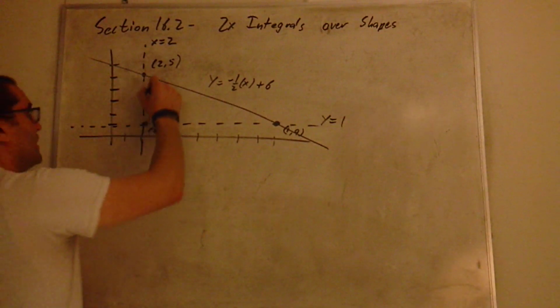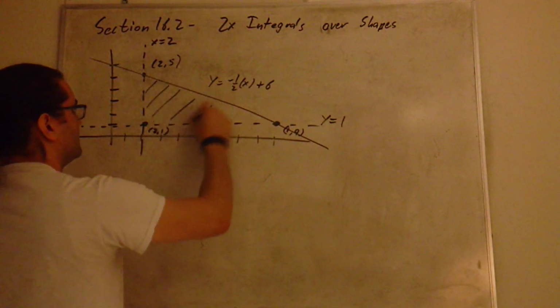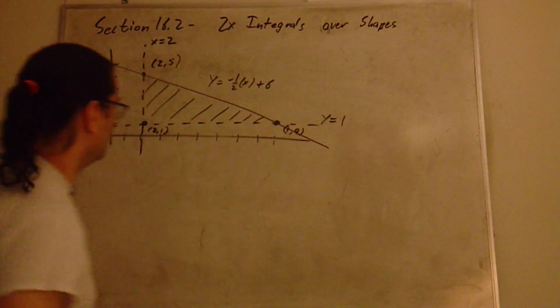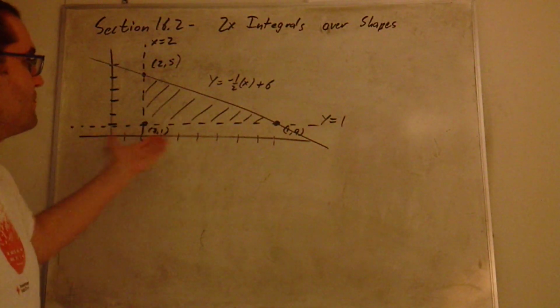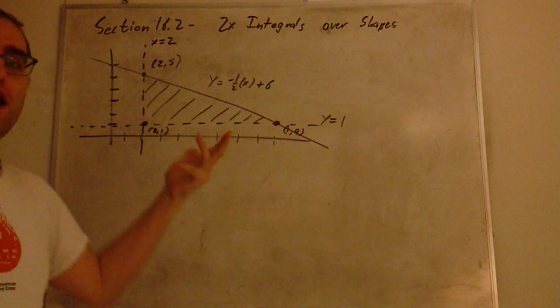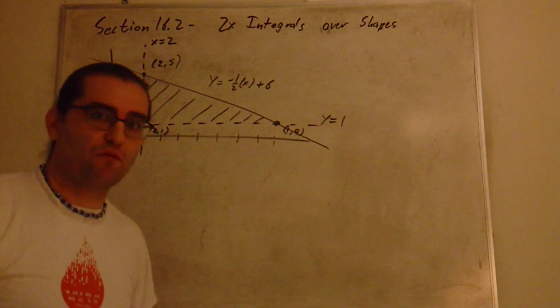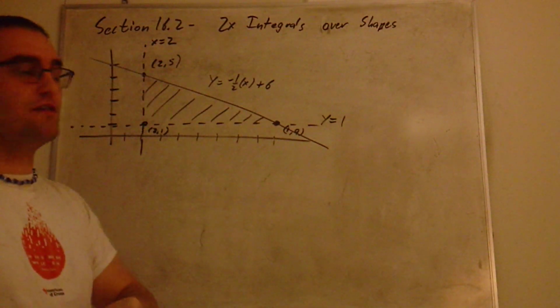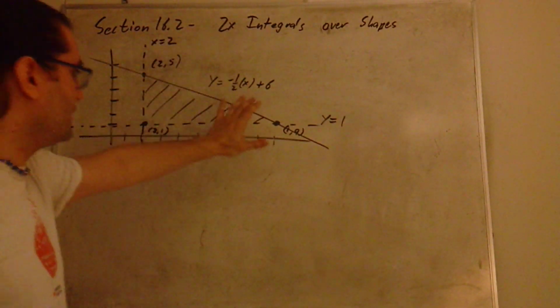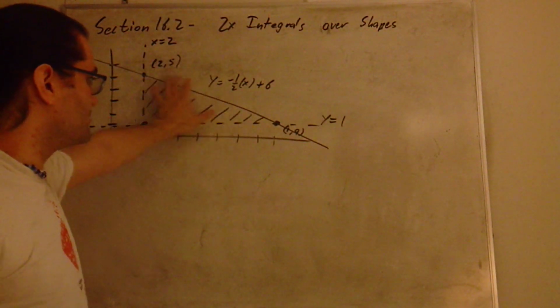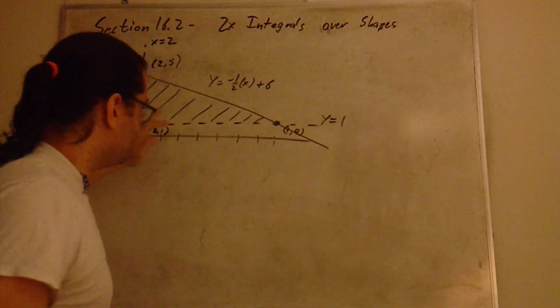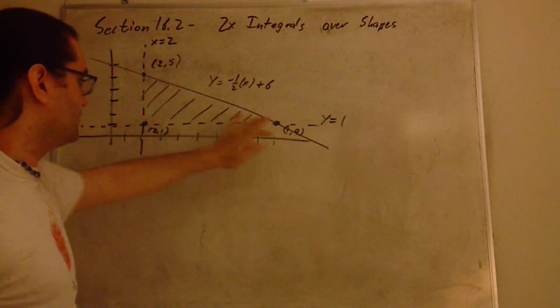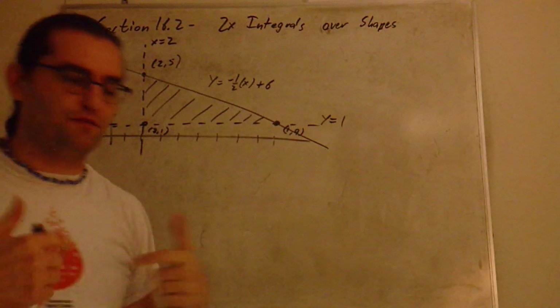And together with this stuff, it makes a very nice triangle. I want to integrate a function over this triangle. And again, it doesn't matter what the function is. The function will determine the height and whatever surface is going on above this triangle, but the region itself is not directly related to that.